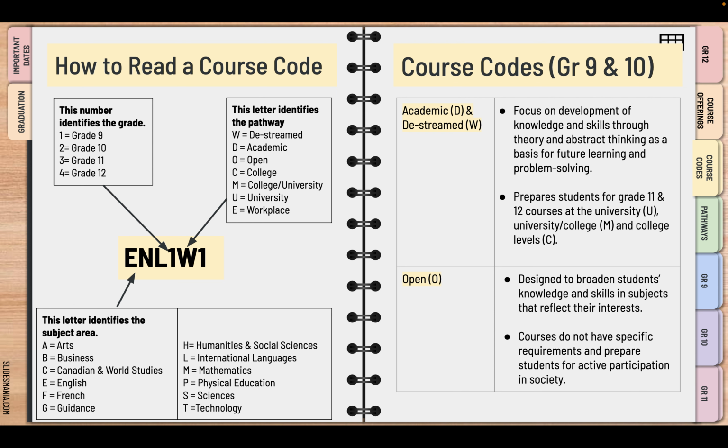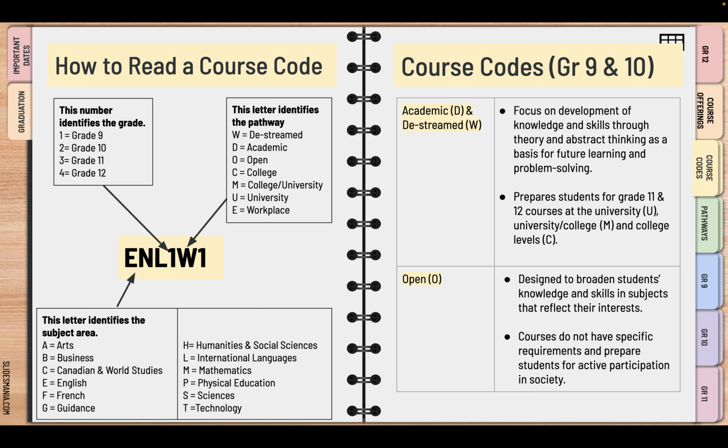Then we get to the number, the first number 1, ENL1, that is going to identify the grade of that course. So 1 for grade 9, 2 for grade 10, 3 for grade 11, and 4 for grade 12. The W identifies the pathway. Those are listed above, and I will talk about pathways in a little bit.